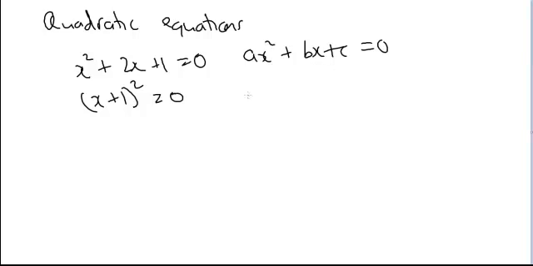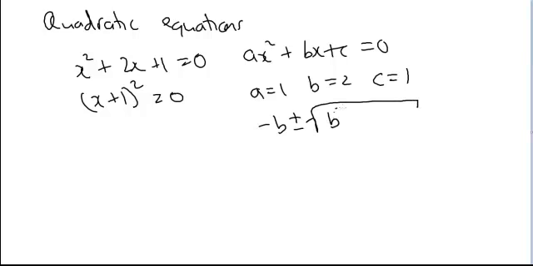So in this case, a is equal to 1 because the coefficient of x squared is 1. The coefficient of x is 2. So b is equal to 2 and c is equal to 1. And the formula is minus b plus or minus the square root of b squared minus 4ac, all over 2a.